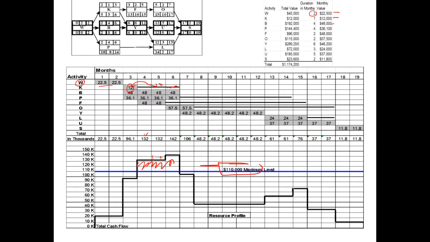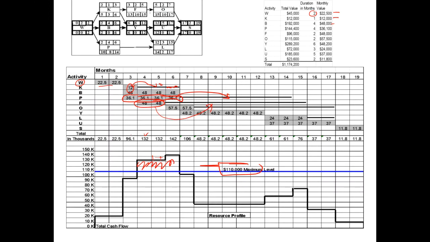So the other options are, we can postpone activity P because P has got some float, so we can take it away from here and maybe deliver it slightly later to get the project within agreed limits. Or we can also explore moving activity F slightly later.